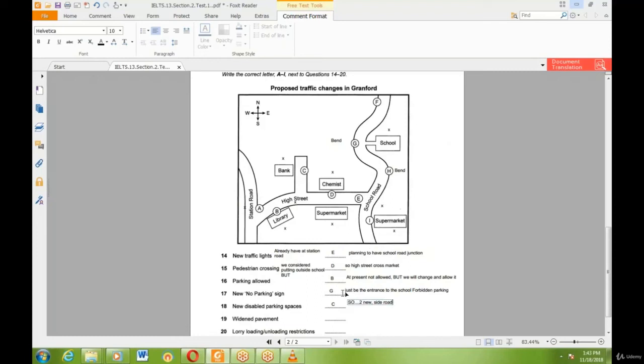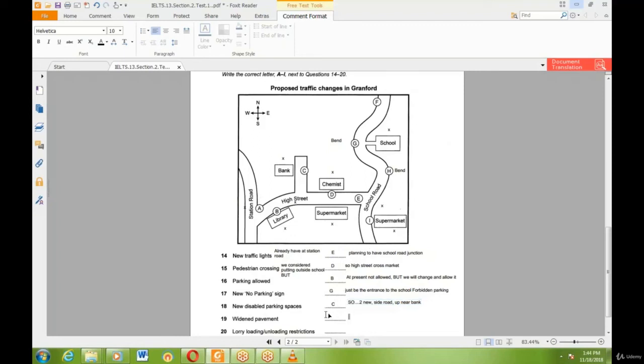Side road up near the bank. Side road up near the bank. Okay.